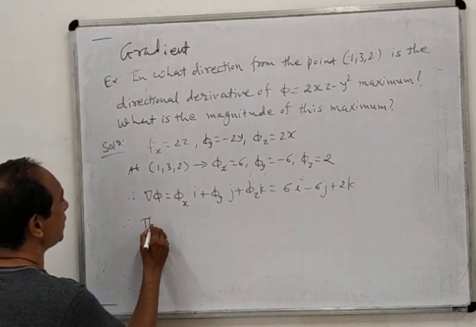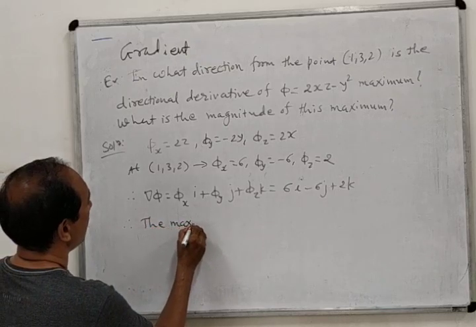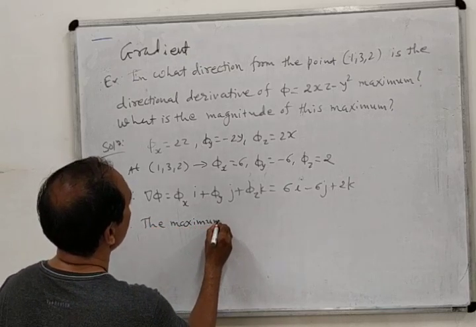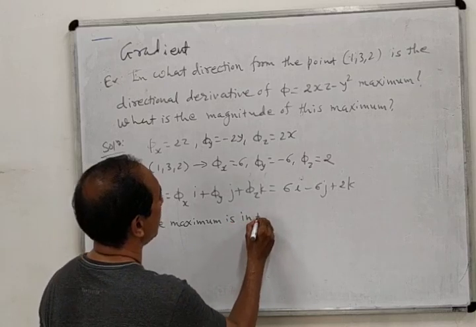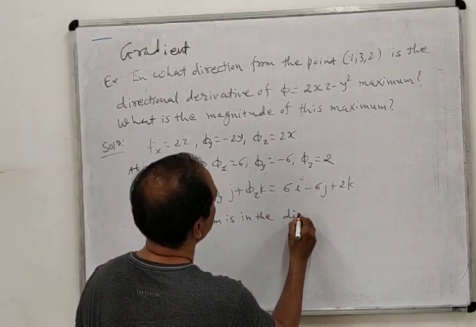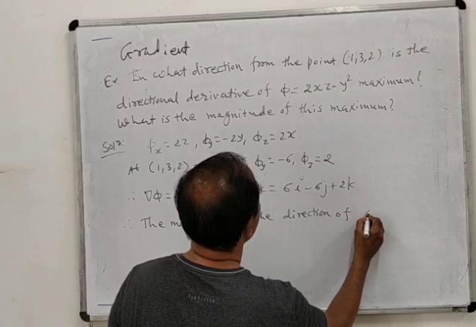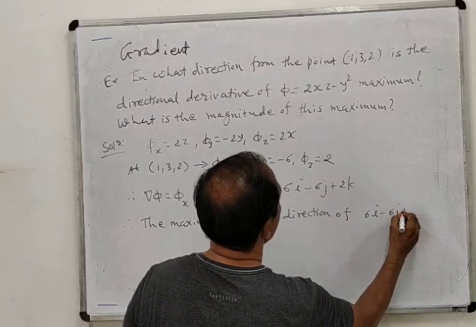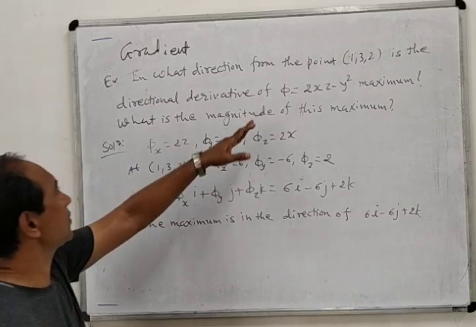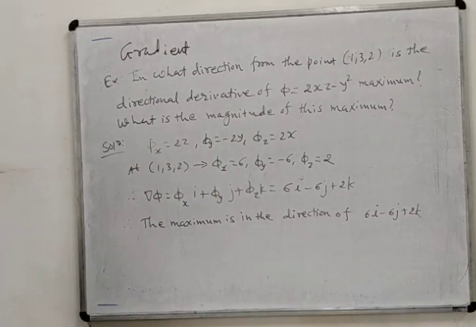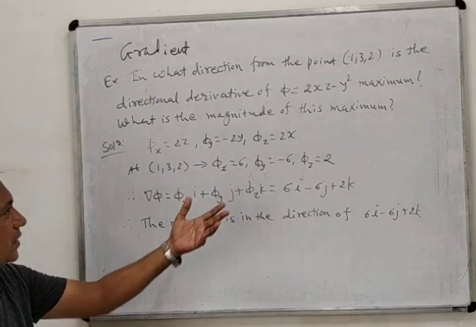Therefore the maximum is in the direction of 6i minus 6j plus 2k. So this is the answer of the first question. Next question is what is the magnitude of this maximum?